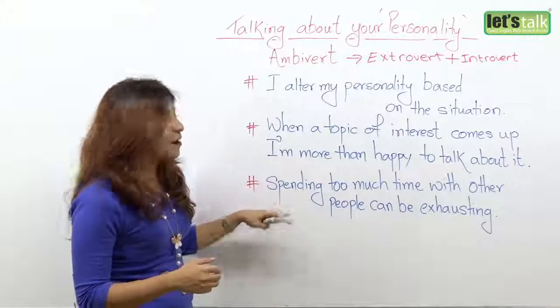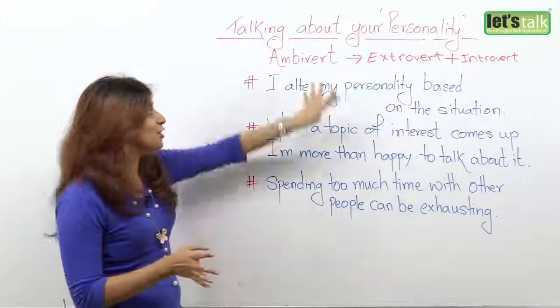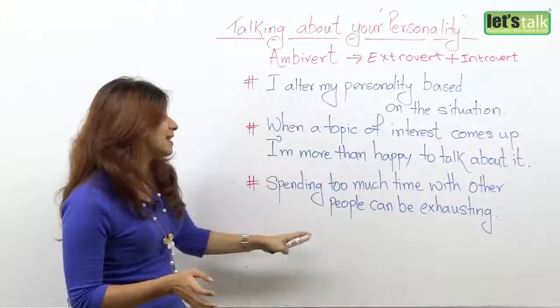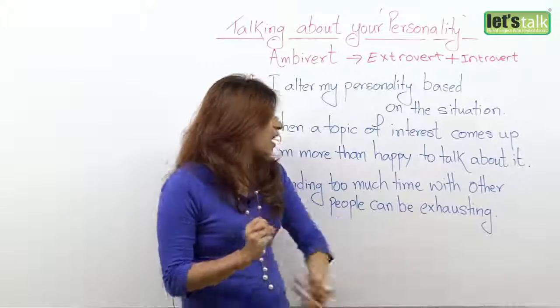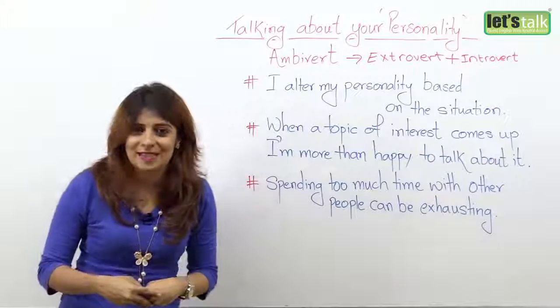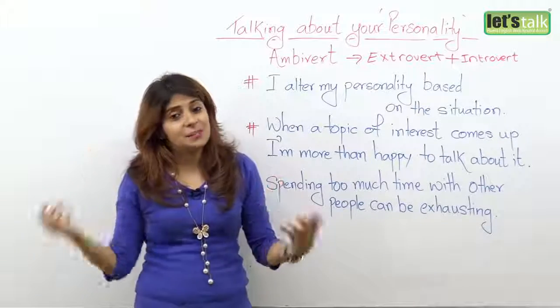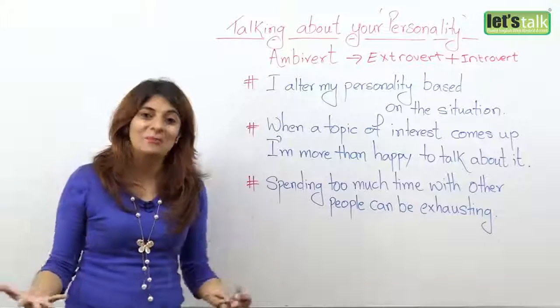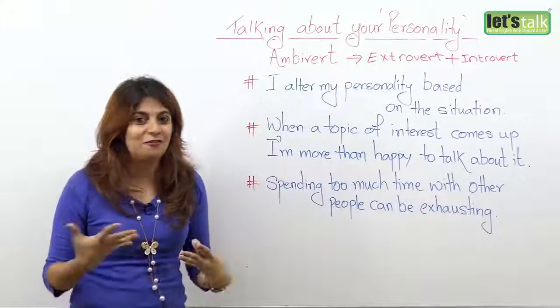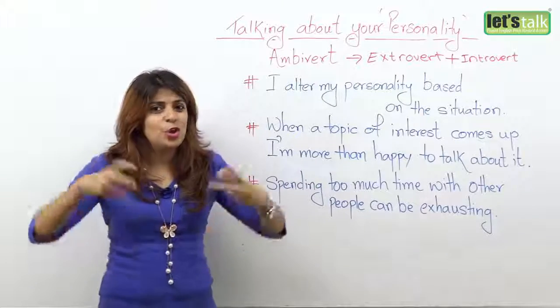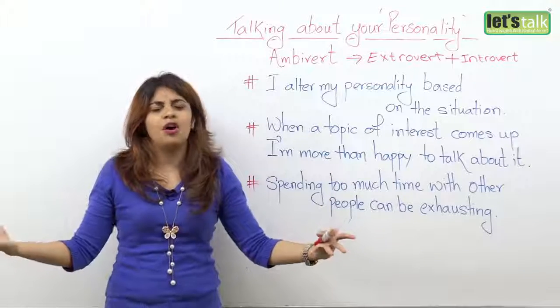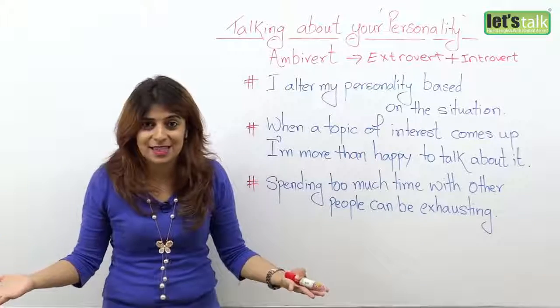And then the third expression that I have for you, if you fall into this category, is spending too much time with other people can be exhausting. So yes, you like spending time with others, you like being with people, you like being friendly, but too much of it can be really tiring and exhausting.